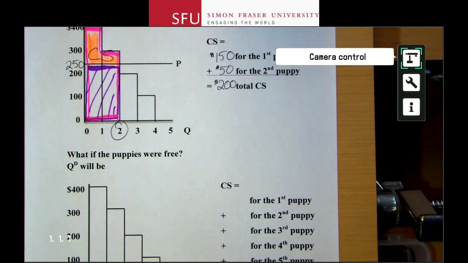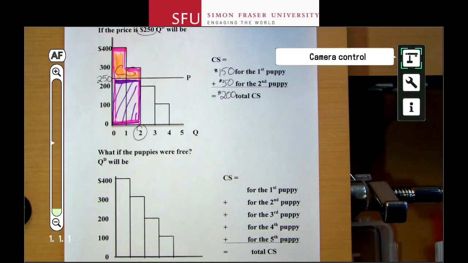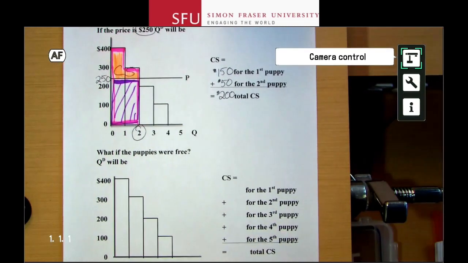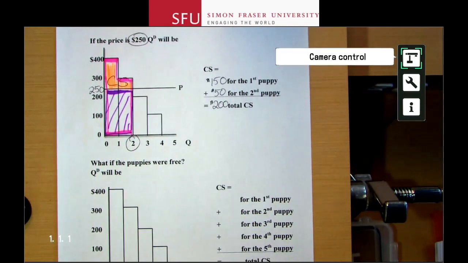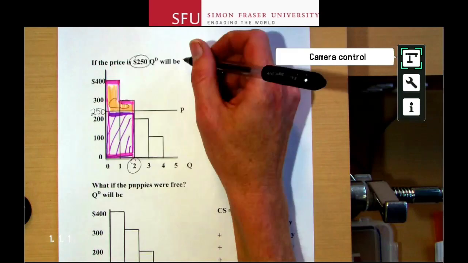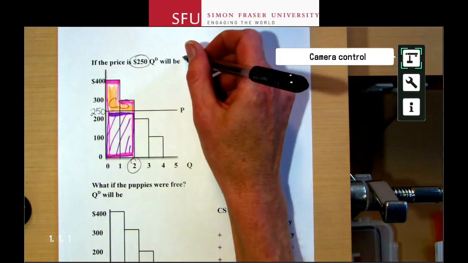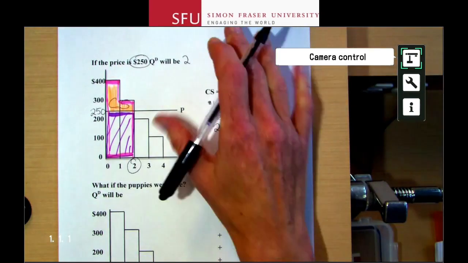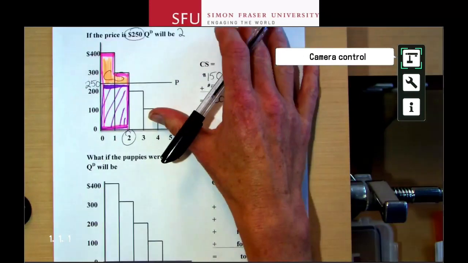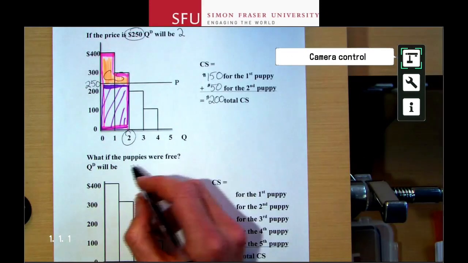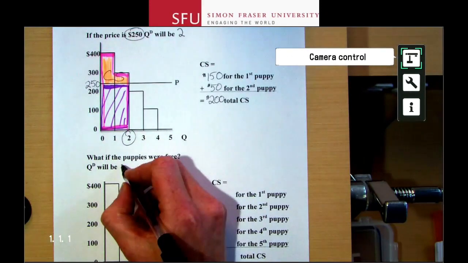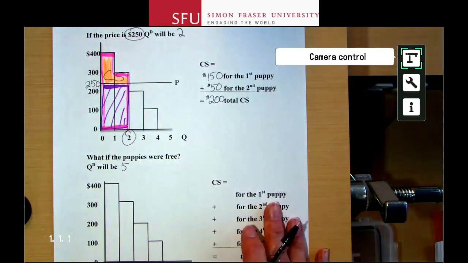If the puppies are free, how many puppies would they get? Oh, I forgot to put the 2 up here. QD will be 2. Now, if the puppies are free, what quantity would they get? 5. They'll get all 5 of them. Okay.